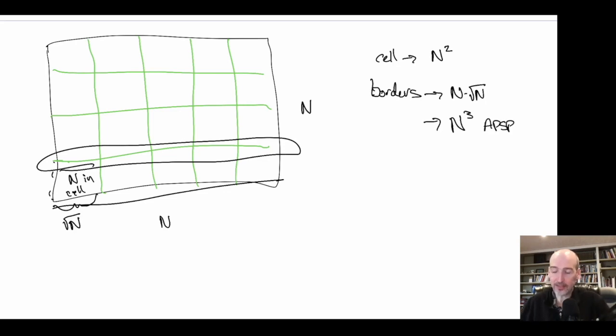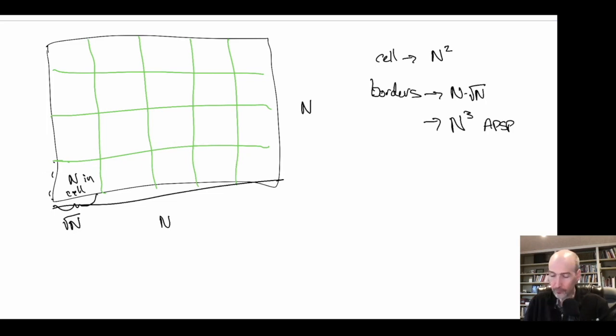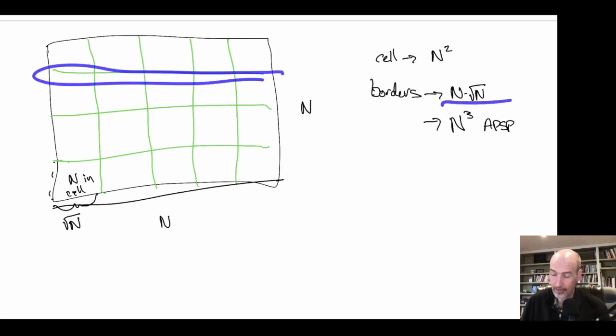Now, if I want to take a map like this and query it, I can take any point and any point. I know all of the borders between here, and I know all of the distances between these borders because I've stored that here. There's the square root of n of them, and each of them has n states, so n times the square root of n.